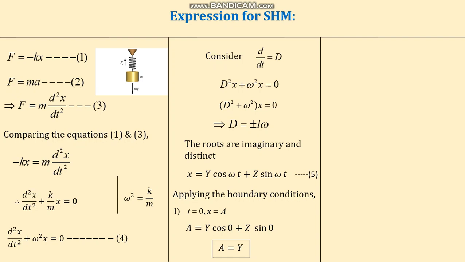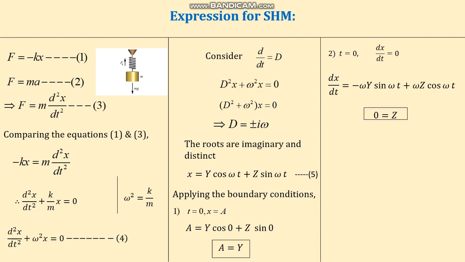To determine the value of z, we need to apply the second boundary condition. That is, when t equals 0, dx by dt is 0. If we differentiate expression 5 with respect to t, we get dx by dt equals minus omega y sin omega t plus omega z cos omega t.